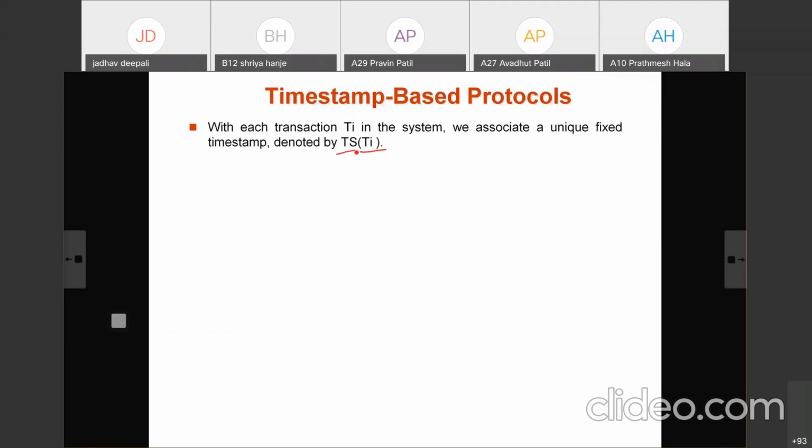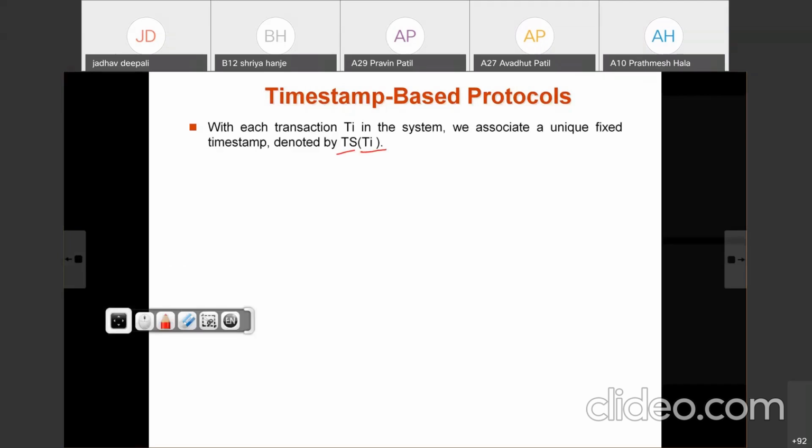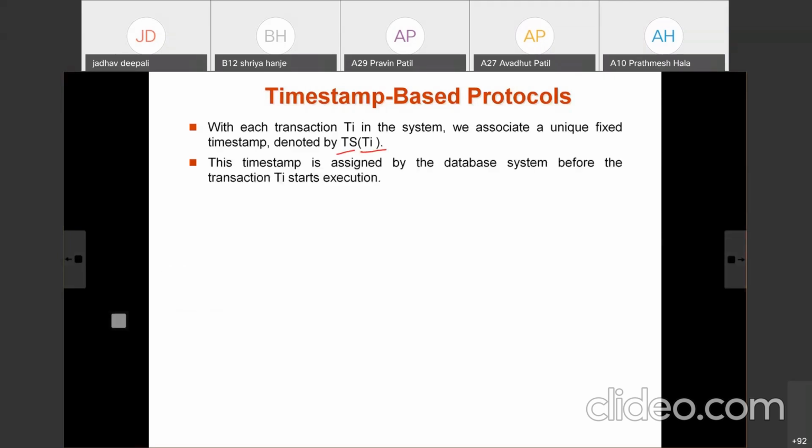So a unique fixed timestamp is associated with every transaction, and it is denoted by TS(TI).